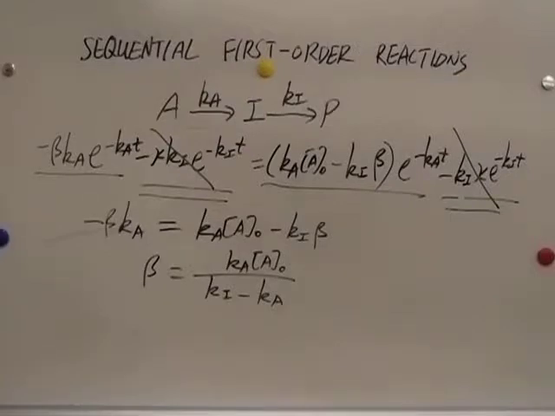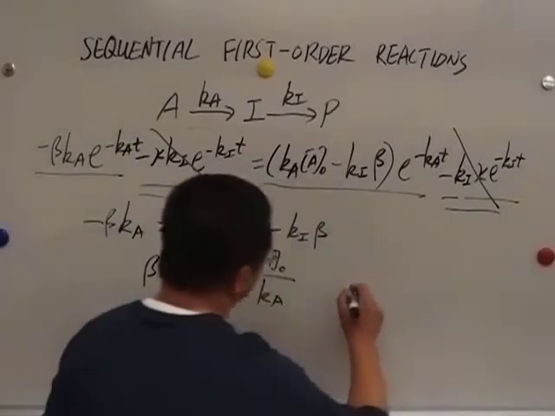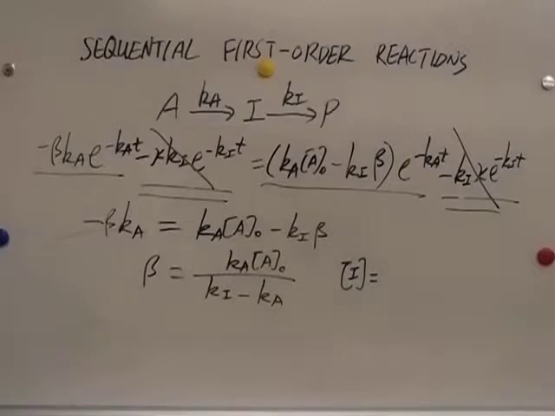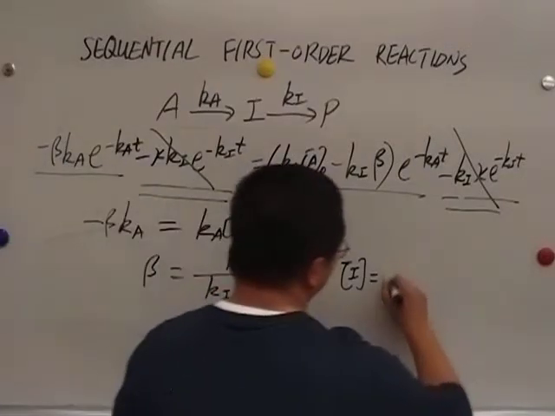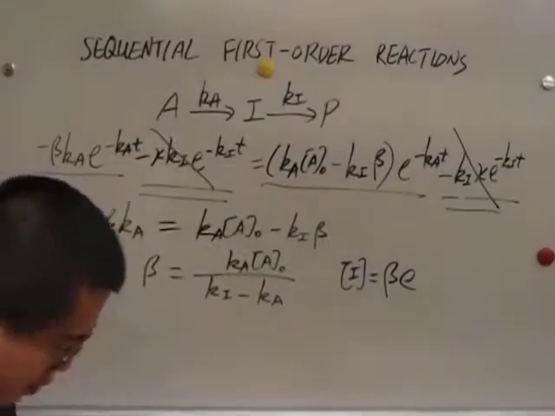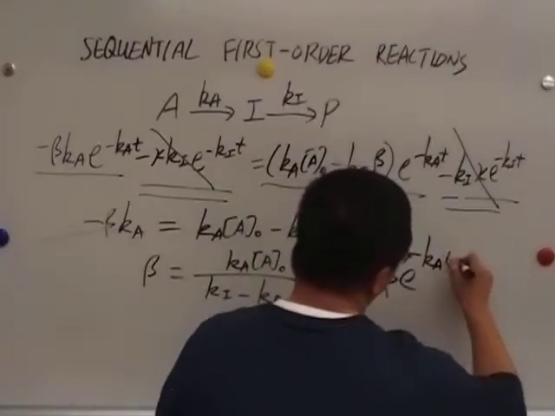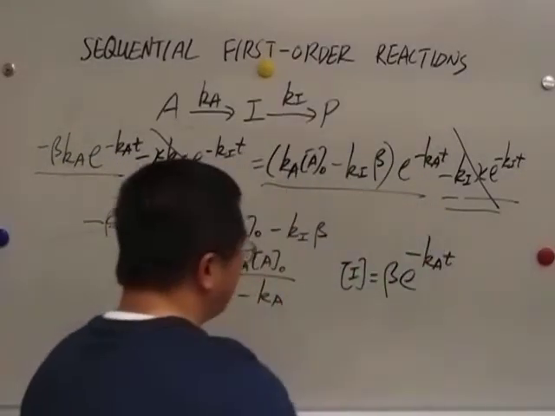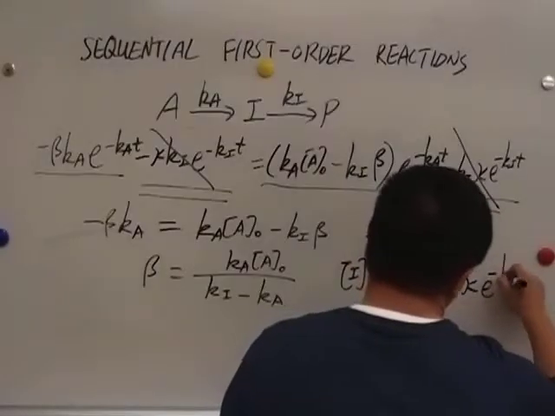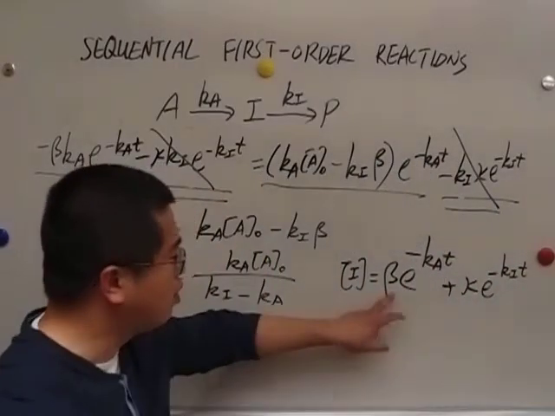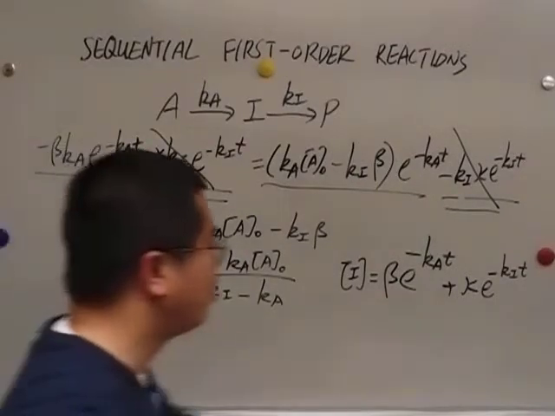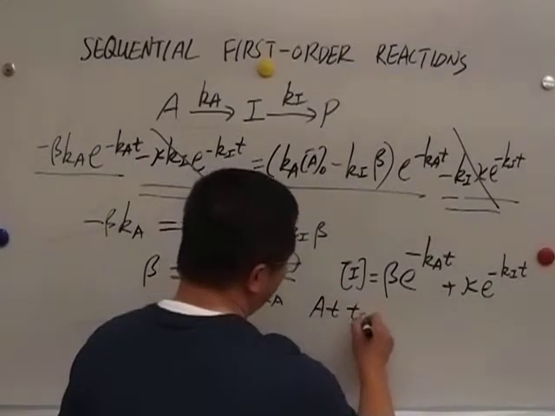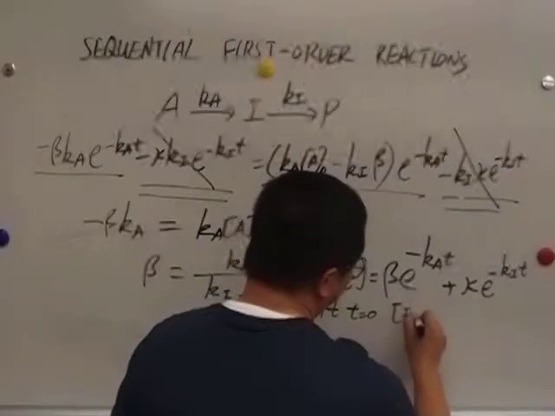And then we have this: I equals beta times e to the power of negative Ka t plus kappa times e to the power of negative Ki t, and now we know the expression of beta. We have to know the expression of kappa as well. At time 0, I is 0.